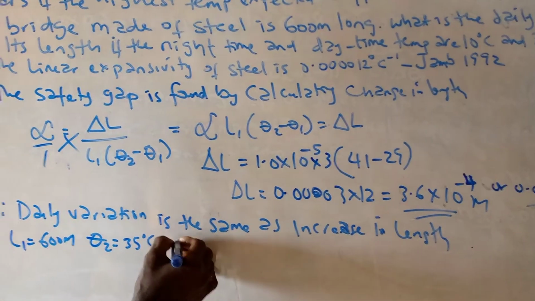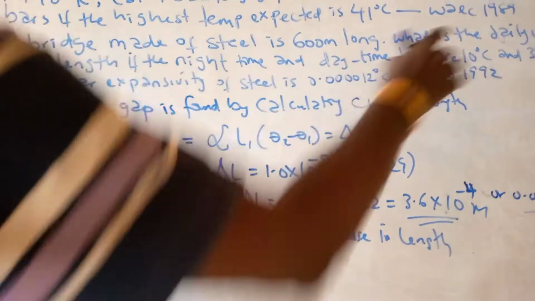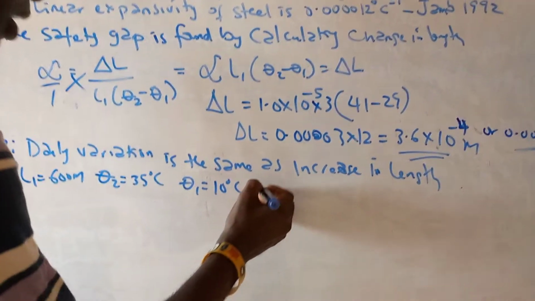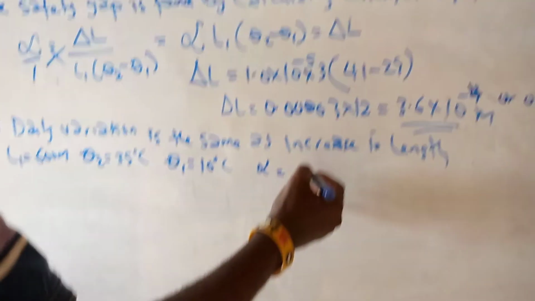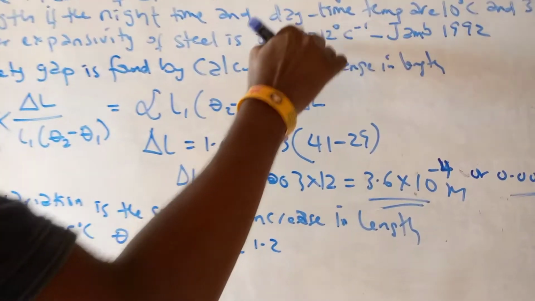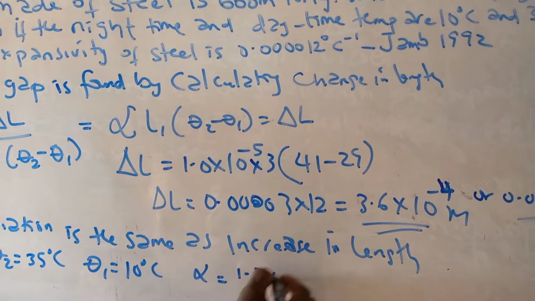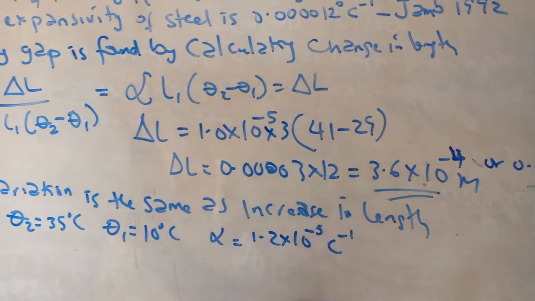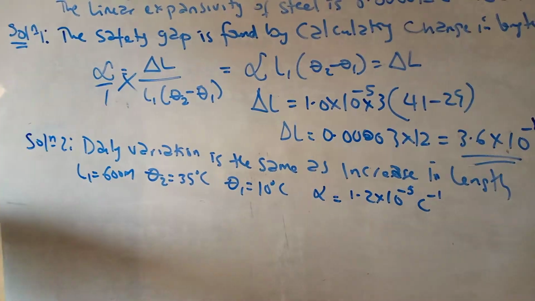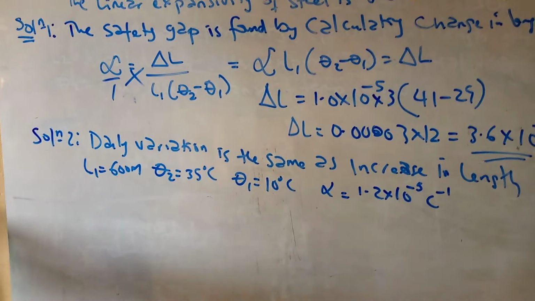Temperature before expansion is 10 degrees centigrade. And the linear expansivity of steel in this case is 1.2 times 10 to the power minus 5 per Kelvin.